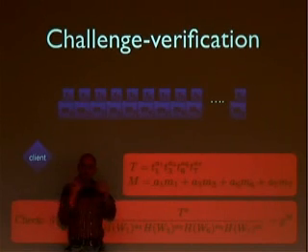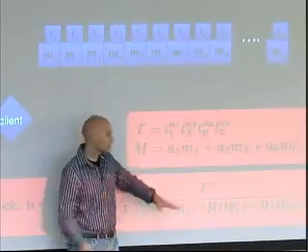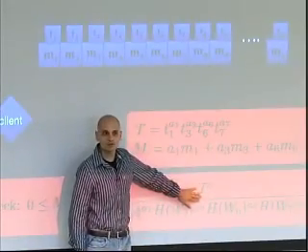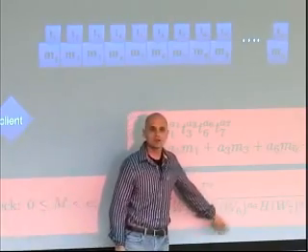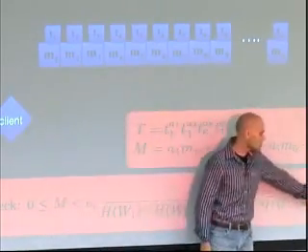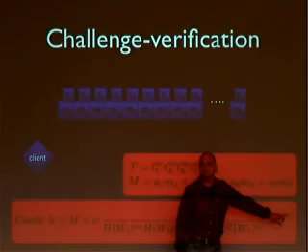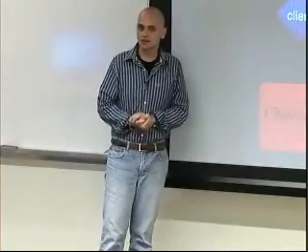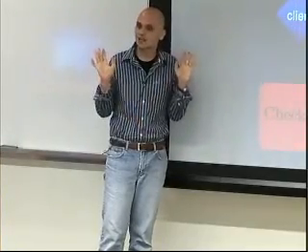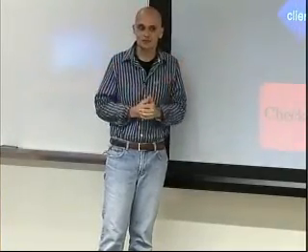So what I'm doing essentially is removing the H part from this value, and what I'm left with is G to the M. If this verification passes, then I can claim that those file blocks were actually stored at the server, even though I don't have these file blocks in the first place.